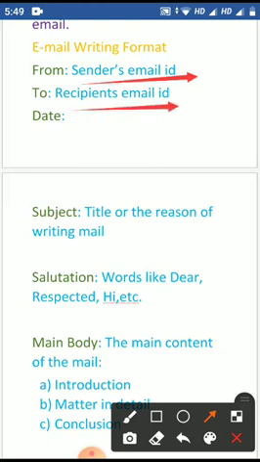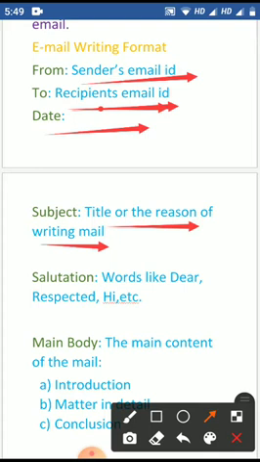Here we have to add to, we have to write the email ID of the receiver, the recipient's email ID. Next step is write the date. Fourth step is write the subject, the title or the reason for writing the mail.